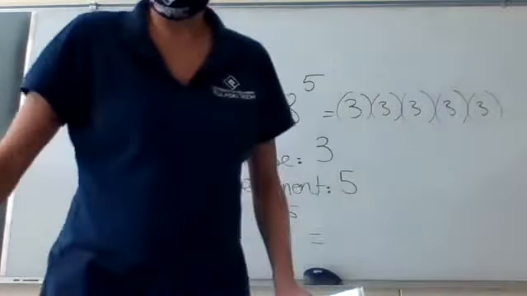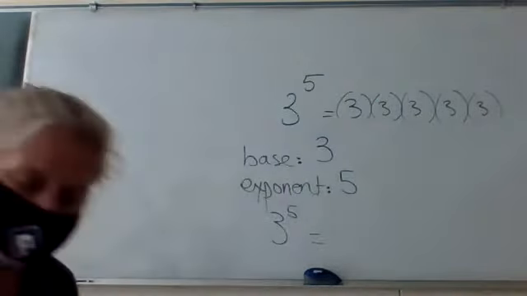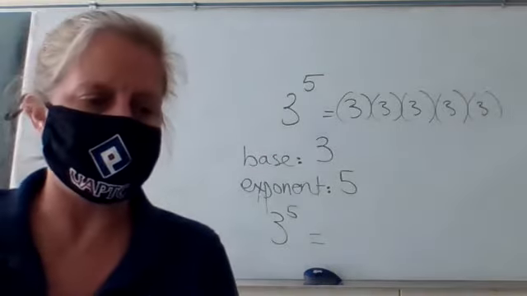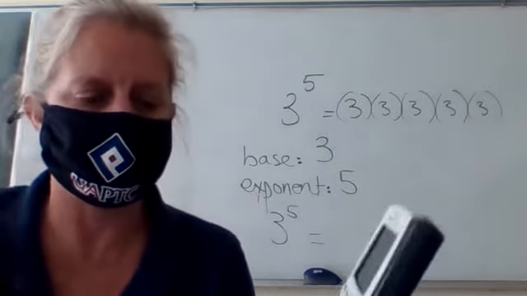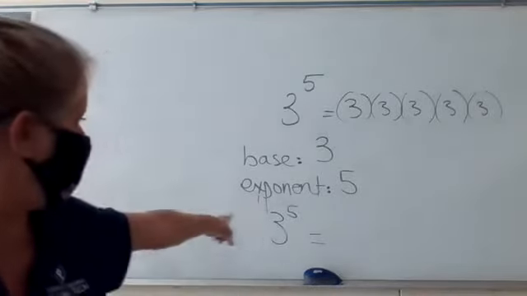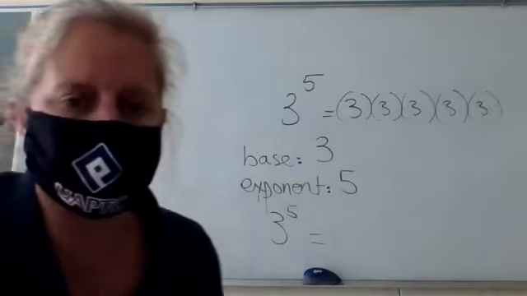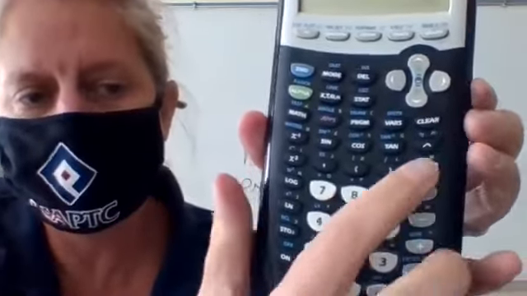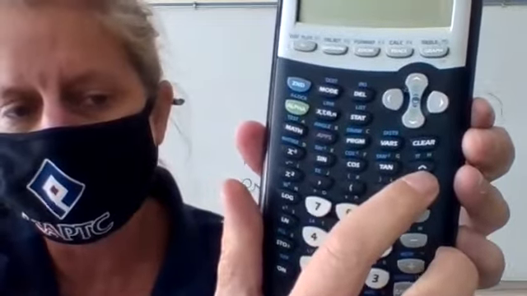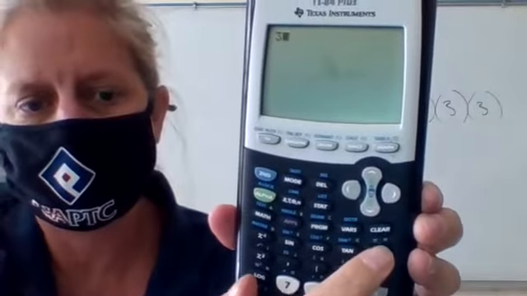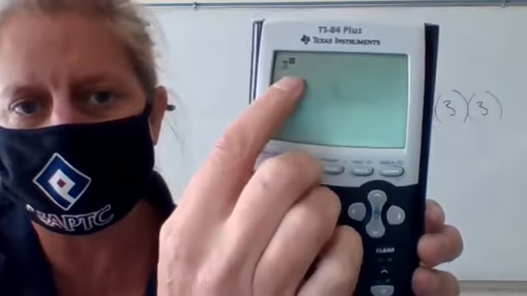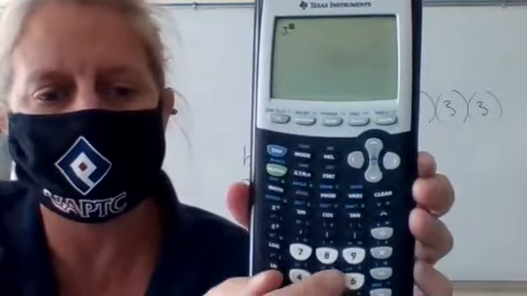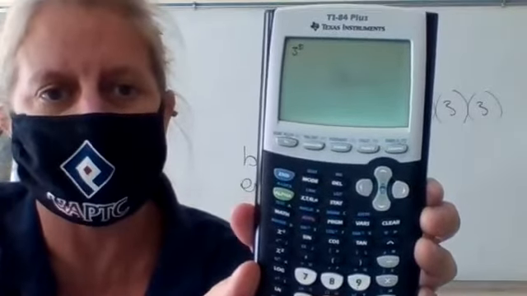You can do that in your calculator, just 3 times 3 times 3 times 3 times 3. Or you do have an exponent function in your calculator. Go ahead and type in your base, 3. See this little up arrow? Watch what it does when I push it. It moves my cursor, my little box, up into the exponent area. Then I put in whatever my exponent is, which is 5.